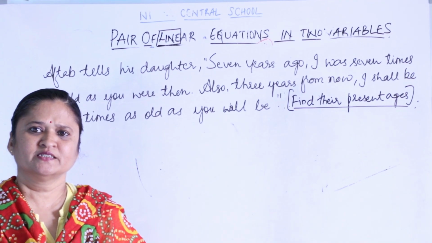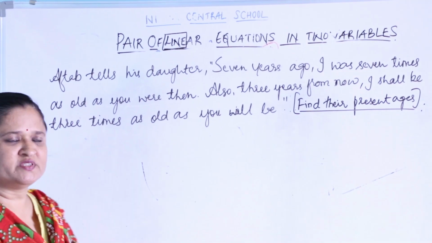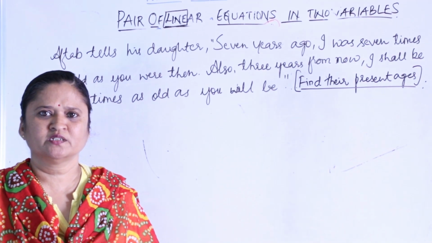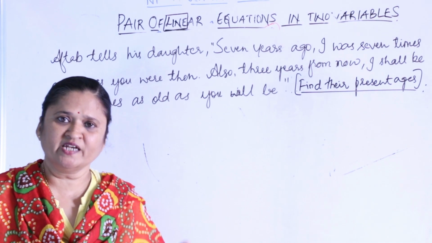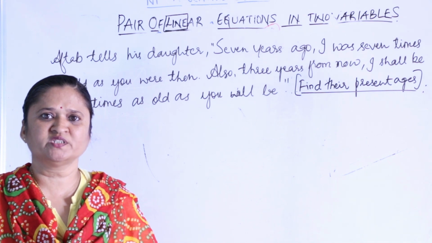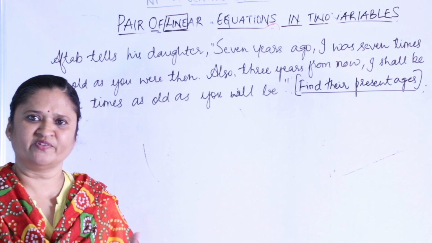When you are asked to solve word problems in this pair of linear equations in two variables, the first aim is to get two equations. Our job is first to get two equations and then solve using different methods.